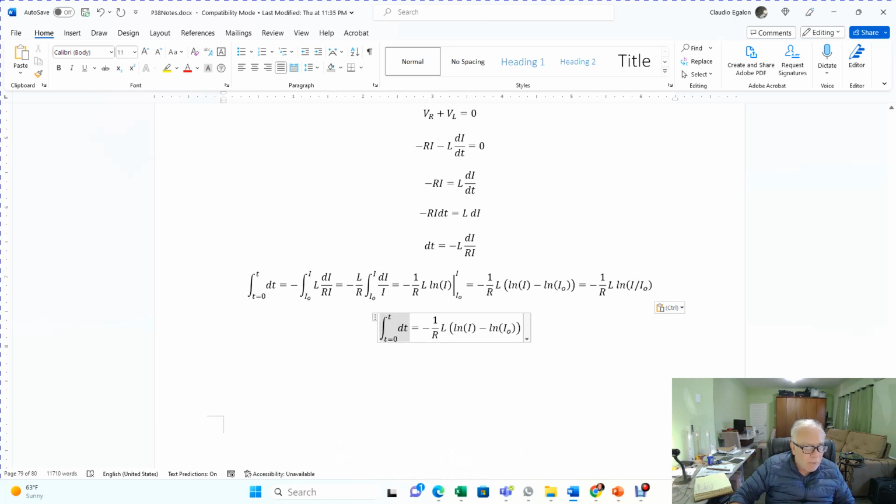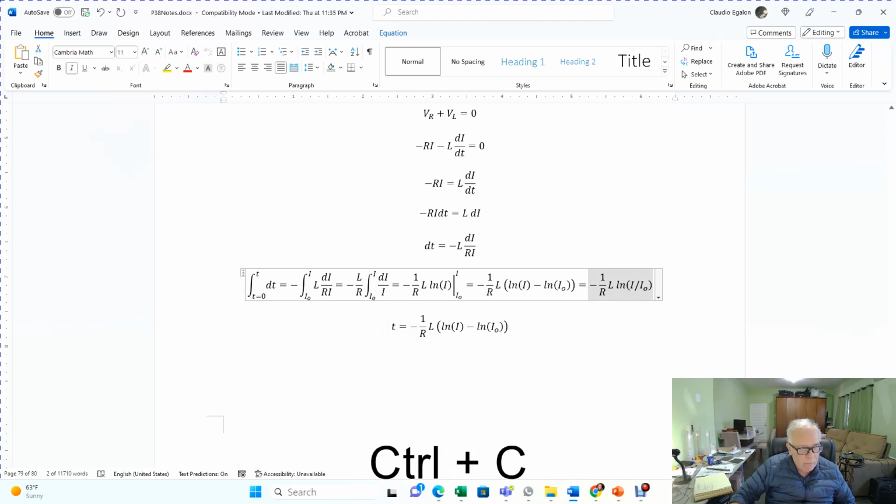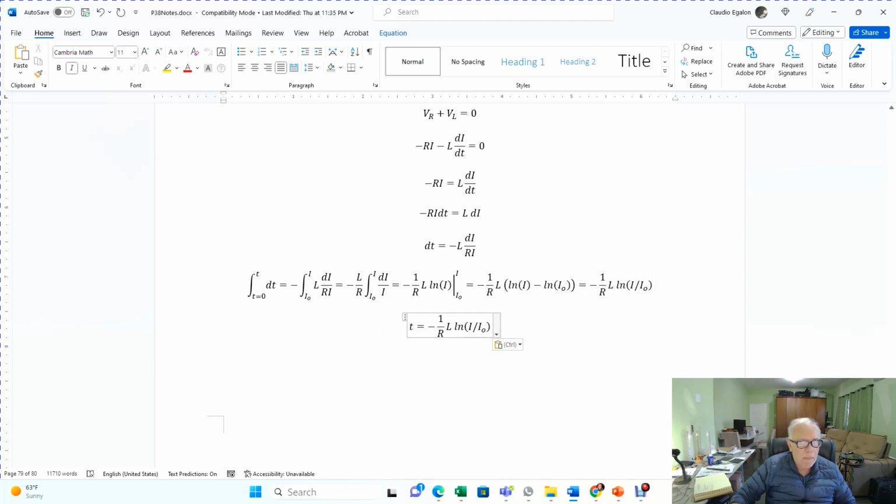What goes on the left side is just the T. And we're going to pass the R and the L to the left side, as well as the negative sign. As well as the negative sign here.